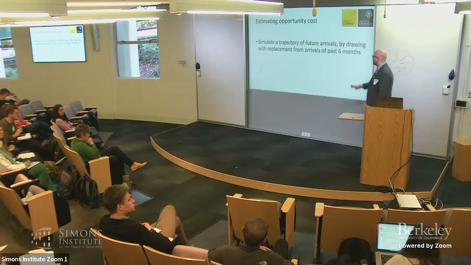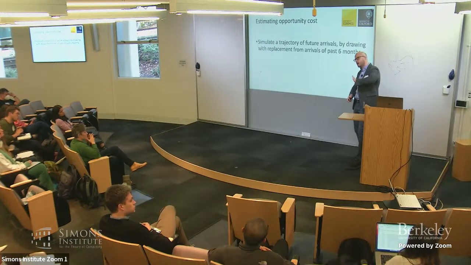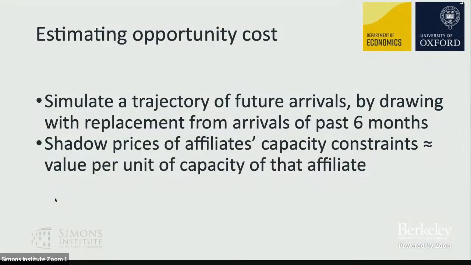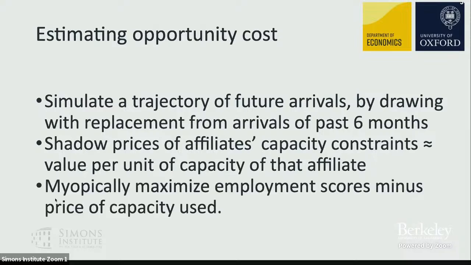All right, so we're going to simulate a trajectory. Imagine that we're God and we know who's going to arrive. Then what we can do is solve the big problem and look at the Lagrange multipliers. That tells us exactly what the price, quote unquote, of each affiliate is. That is, how much extra employment would I get if I gave a bit more capacity to an affiliate. And then we're going to myopically maximize the employment scores minus this price of capacity that comes from the Lagrange multipliers.